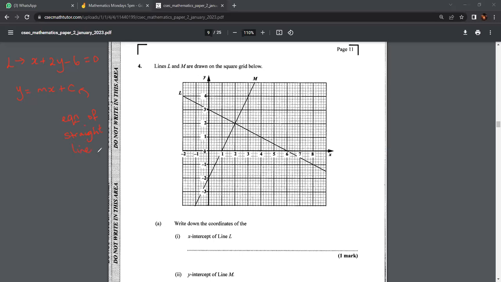Now they gave you your equation in this format here. It's not in this format. So what we can do is put it in that format. So we'll take the x plus 2y minus 6 is equal to 0.